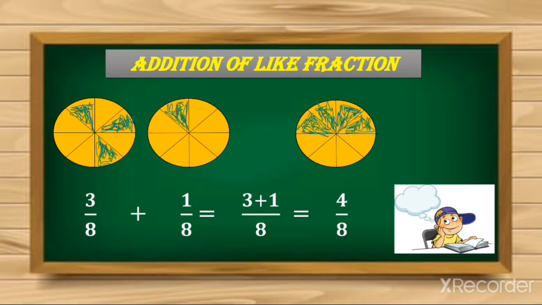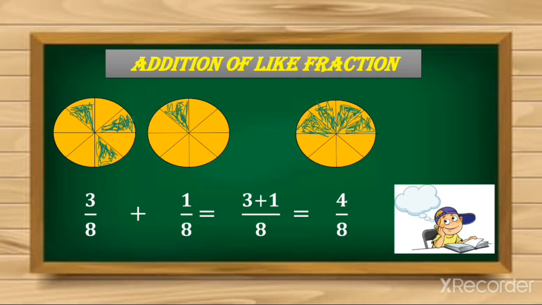So we will add the numerators, that is 3 plus 1 upon 8 is equal to 4 upon 8. In the third figure, the total becomes 4. See, the figure has equal 8 parts, but the addition goes 3 plus 1 is equal to 4. That is why I have colored 4 parts in the third figure.